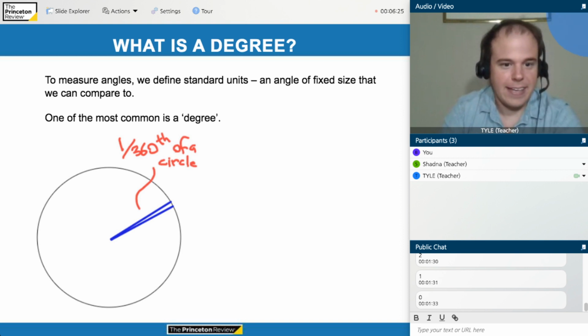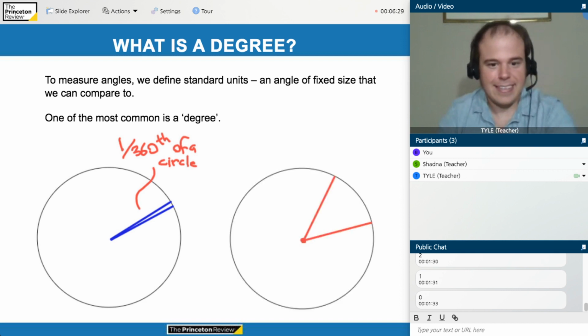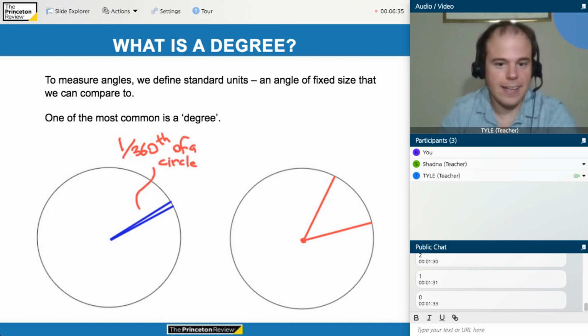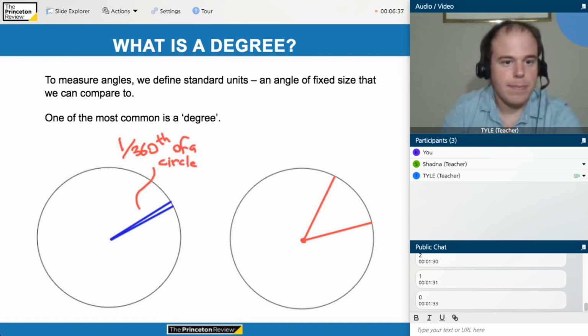If we had some other angle, say like this one on the right on the slide, defined by these two red radii, to decide the measure of the angle, we could count how many degrees it takes to make the angle.